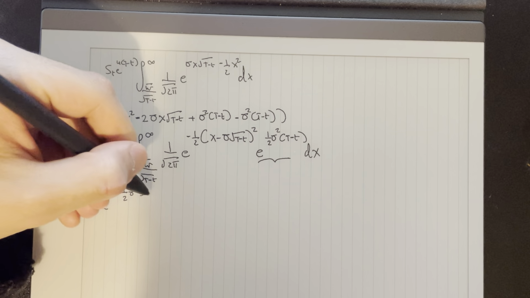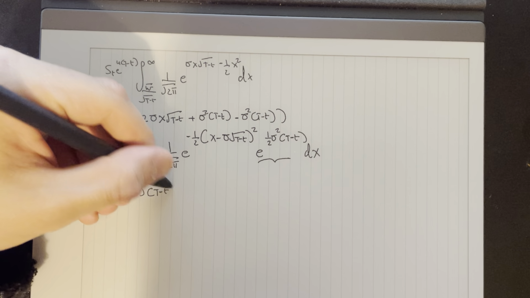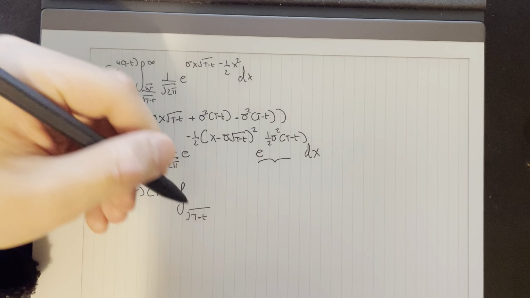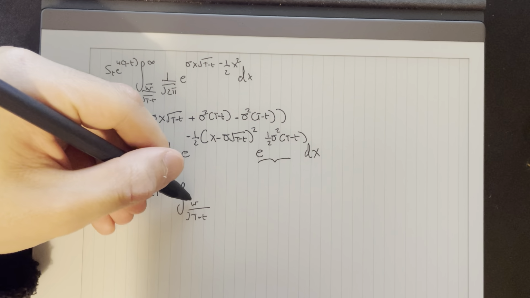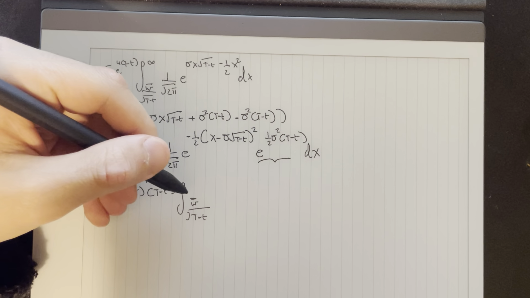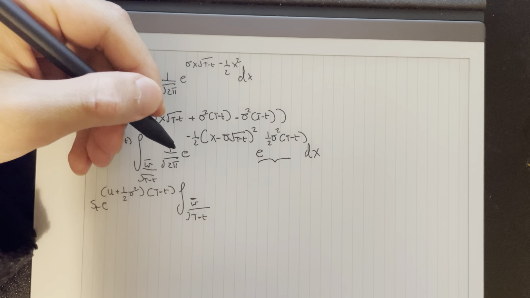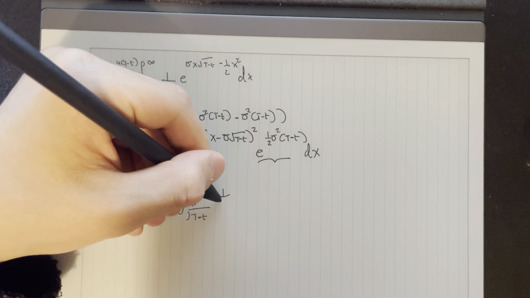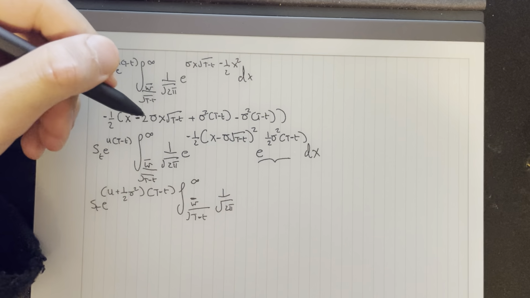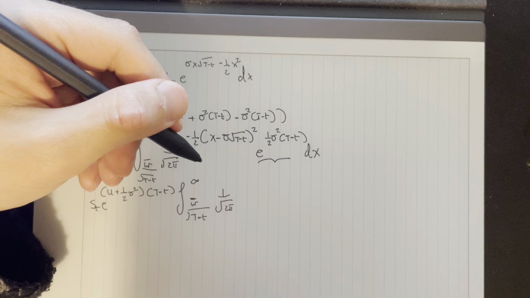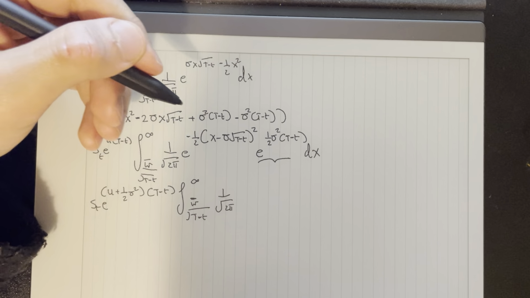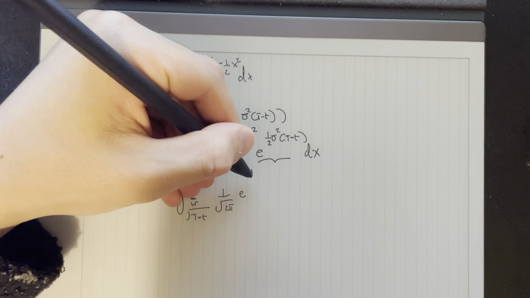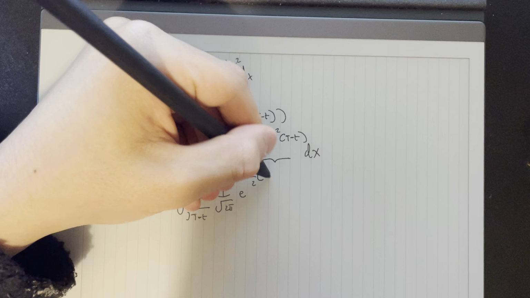And multiplied by capital T minus little t, multiplied by the integral with the lower bound being w bar divided by the square root of capital T minus little t, and the upper bound being infinity, multiplied by the PDF of a normal distribution, which is simply what we have over here.